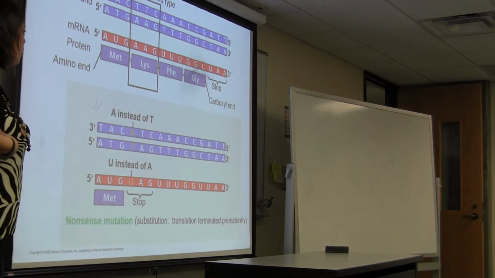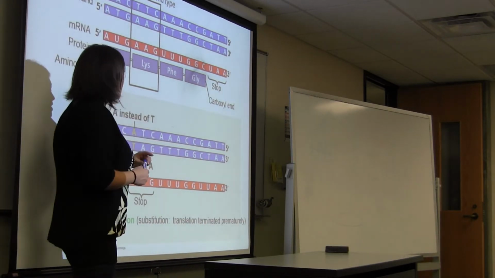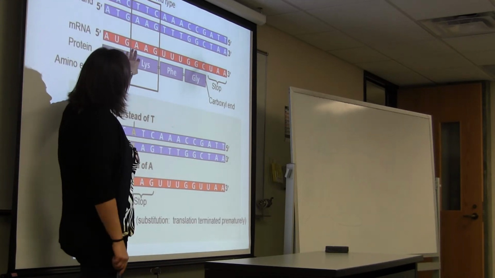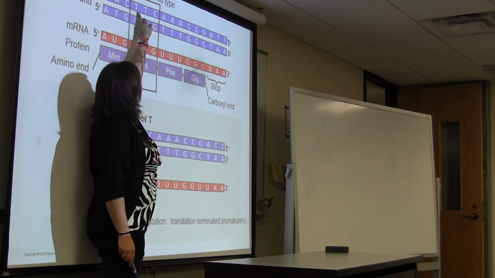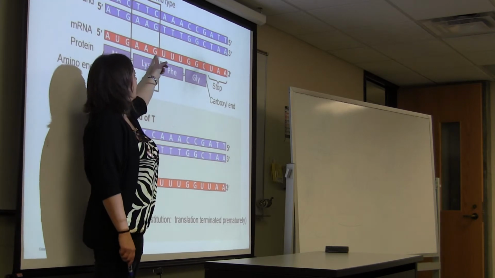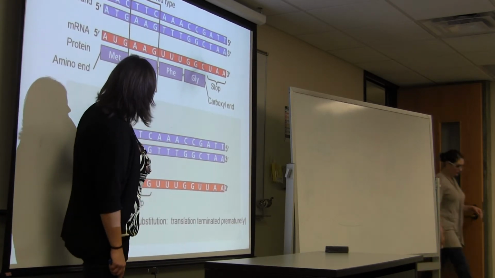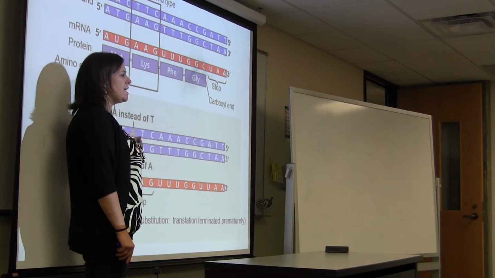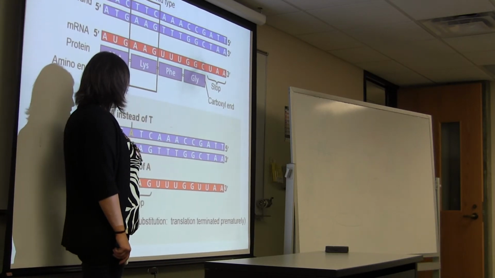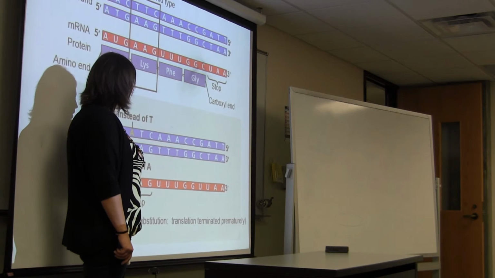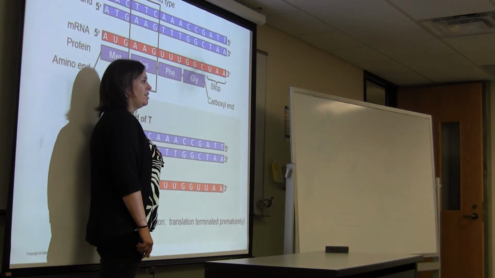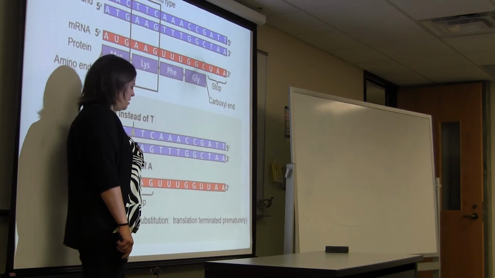All right, so we can also have a nonsense mutation. In this example, we're looking at this piece of DNA, TTC, which gets made into AAG, which codes for lysine. But here, we're substituting an A instead of a T. And so when you convert that into mRNA, now you've got UAG, which is one of those stop codons.